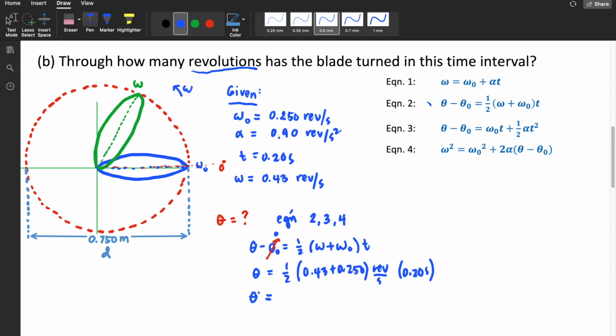So the answer would be 0.068 revolutions. Okay, kamao ka na wala ra siya kabot kini nga theta man ang gipangita. Kini nga theta. So that would be 0.068 revolutions.